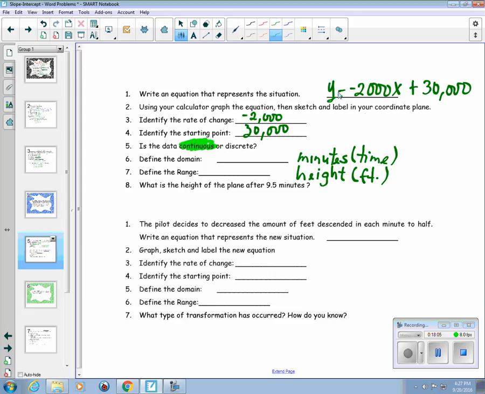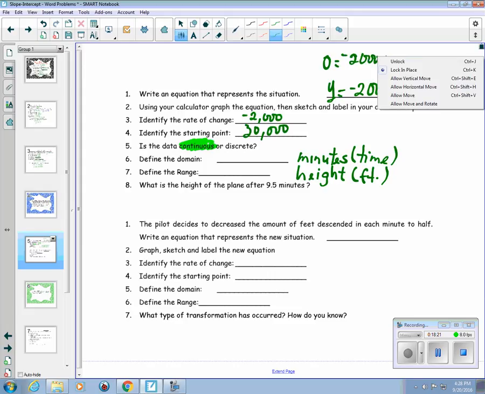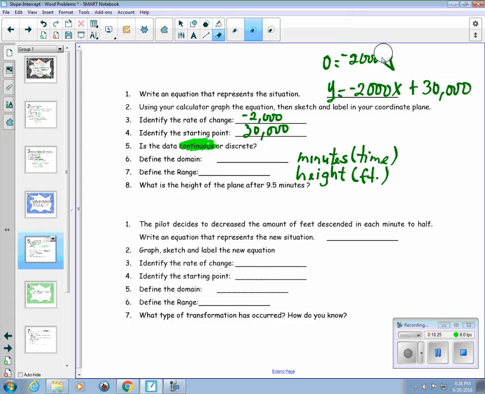Where y equals 0. Which is basically what Ernesto said, taking that 30,000 and dividing it by negative 2,000. If I'm looking for my x-intercept, y equals 0. And then I get negative 2,000x.